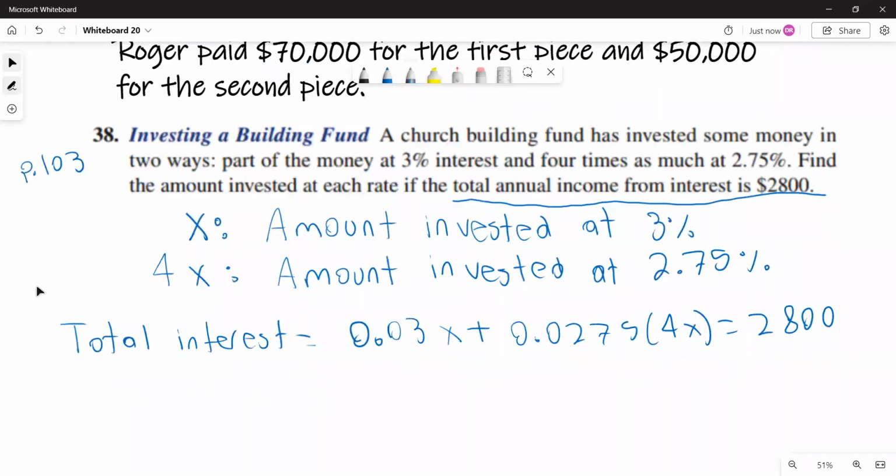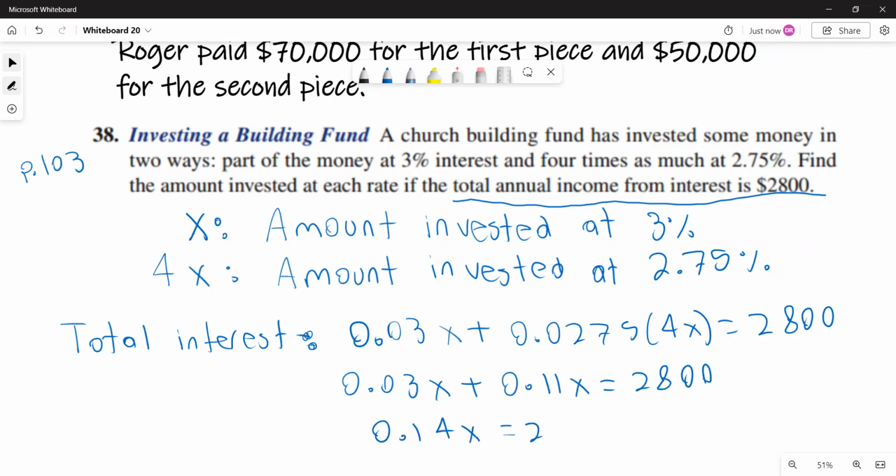Now, 4x times 0.0275 is 0.11x. Well, I shouldn't write equal. So 0.03x plus 0.11x is 2,800, or 0.14x is 2,800.